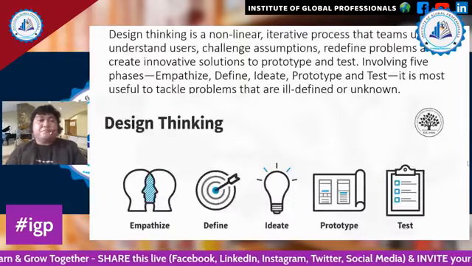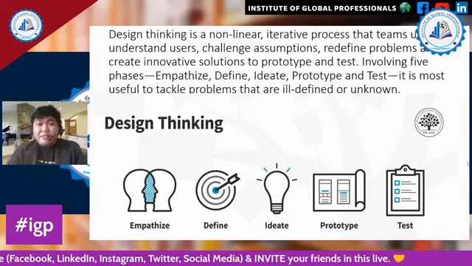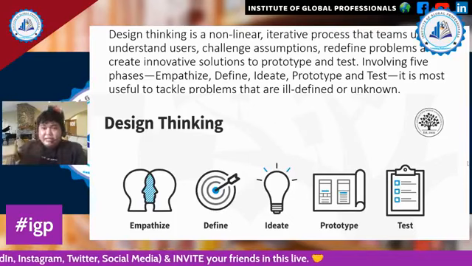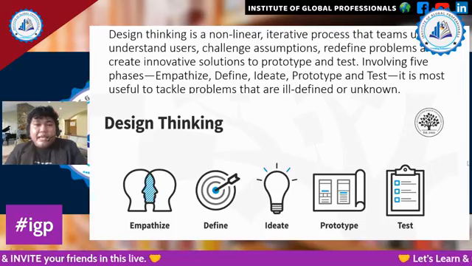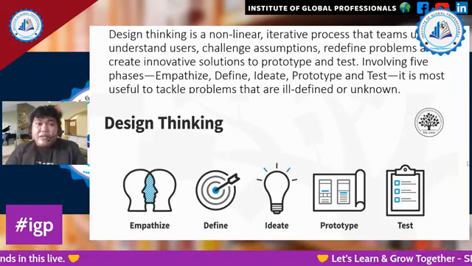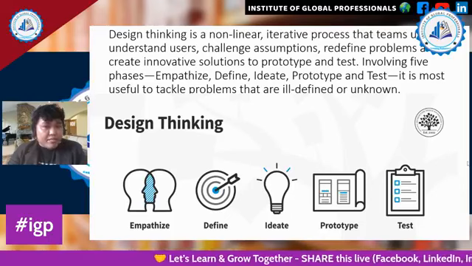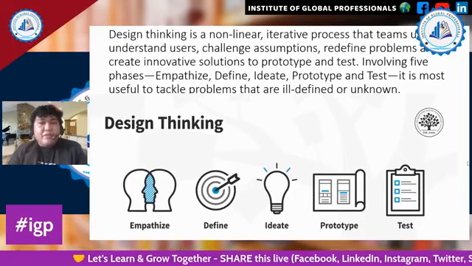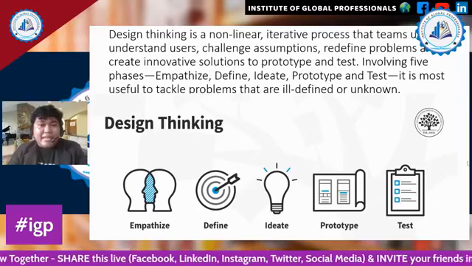Now, design thinking is a nonlinear iterative process. When I say nonlinear, it's actually cyclical, wherein teams use this to understand the users, or in this case, to understand the students, challenge assumptions, redefine problems, and create innovative solutions to prototype and test.